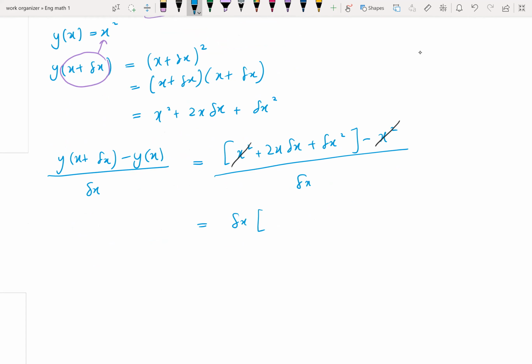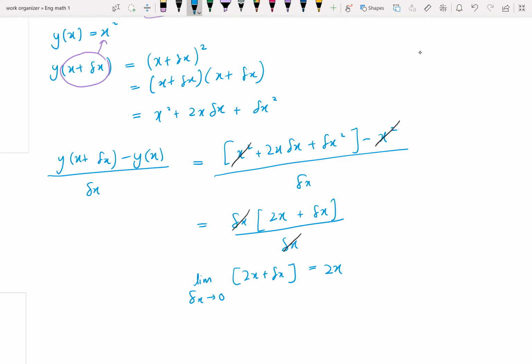What is left is 2x plus delta x, over delta x, so we can cancel this one. Finally, the limit as delta x approaches 0 of this, so when we replace delta x with 0, what is left is only 2x.